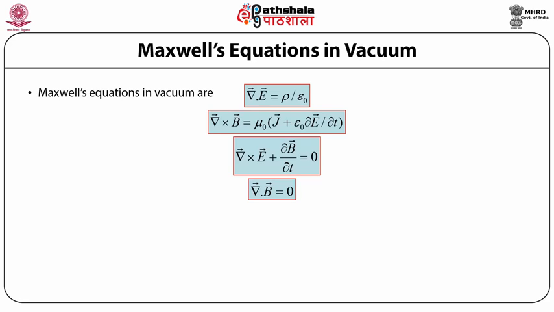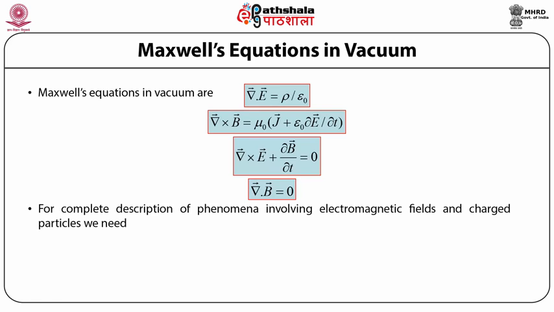And the fourth of Maxwell's equations, which is Gauss's divergence theorem in magnetostatics, is that the divergence of the magnetic field induction vector B is equal to 0. The highlight of these four equations that Maxwell wrote is that they provide the complete description of phenomena involving electromagnetic fields and charged particles.